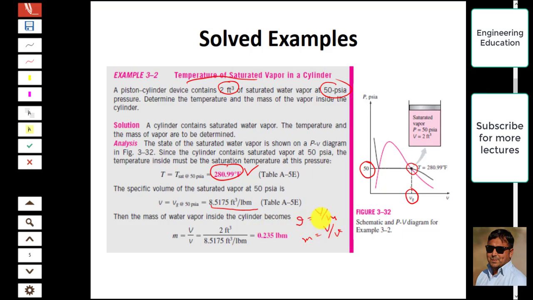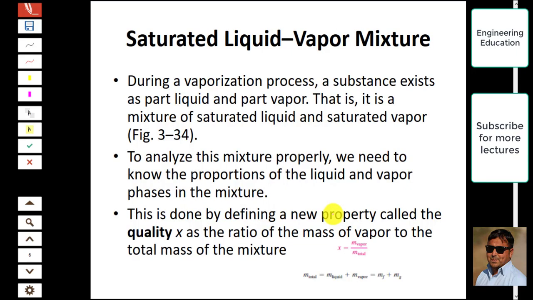Capital V is 2 cubic feet, and small v is the specific volume of saturated vapor, Vg, that is 8.5175. Simplifying this, we get the mass value, that is 0.235 pound mass.